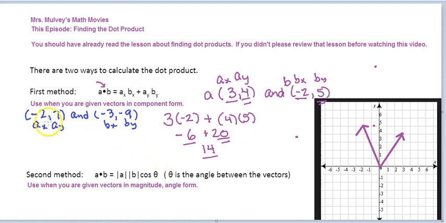Or you can just think that you multiply the x values. In this case, the x values are -2 and -3. You multiply the y values, 7 and -9. And you add them up. That's how you find the dot product. So this would be 6 plus -63. That gets me a dot product of -57.